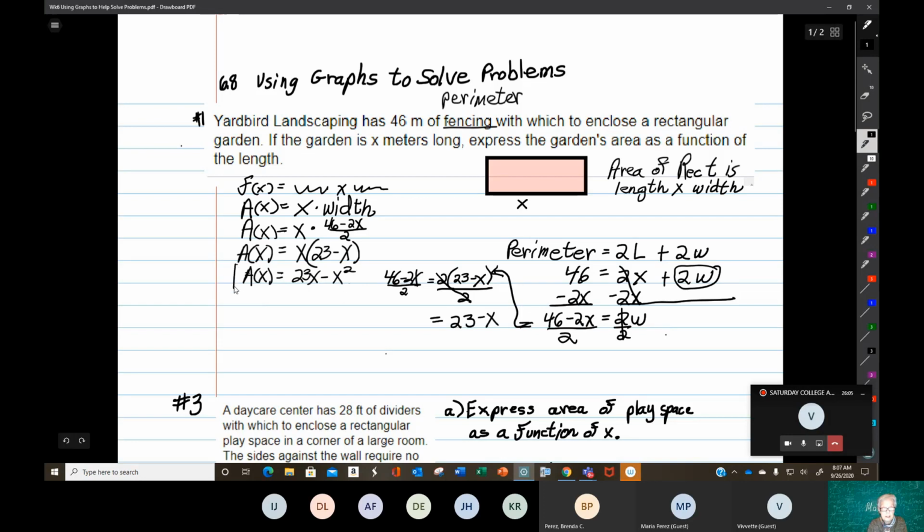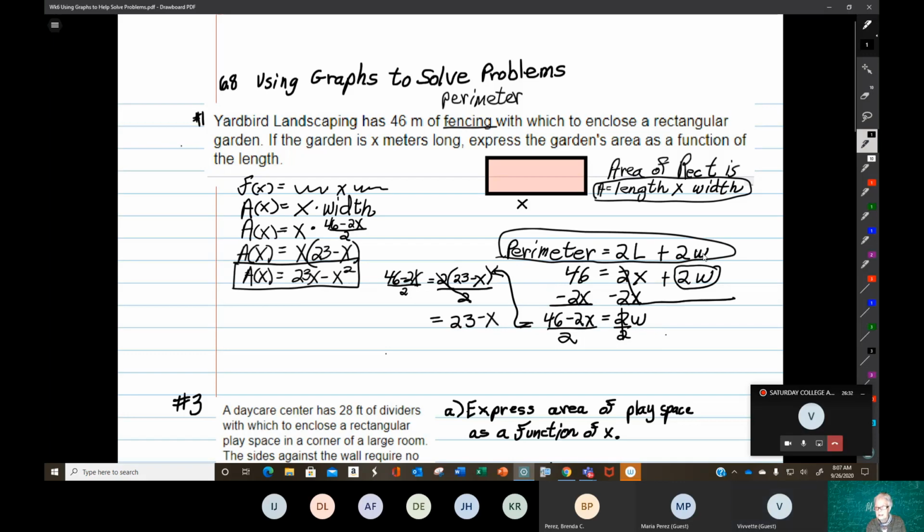Now this is a function of area written in terms of x. But notice we had to use 2 formulas to do this. We had to use area equals length times width, and we had to use perimeter equals 2L plus 2W.